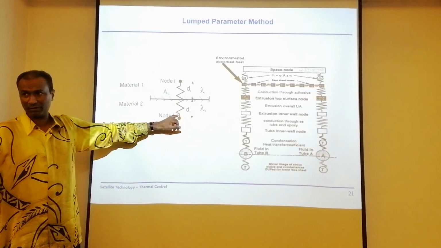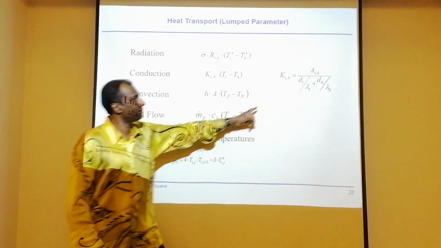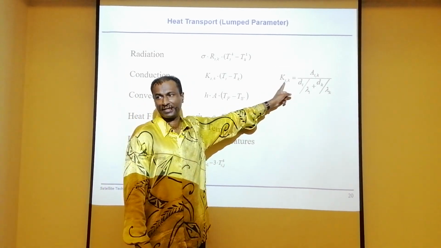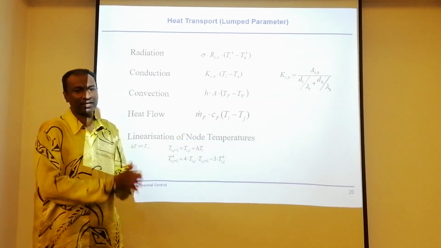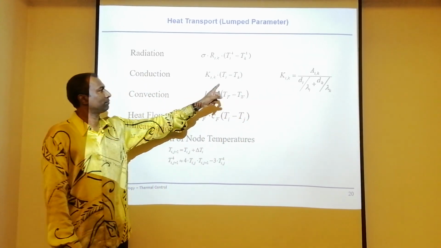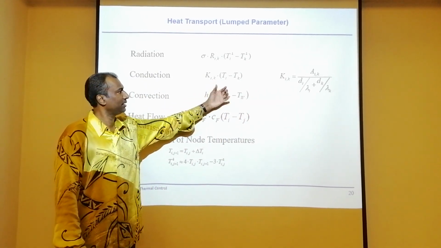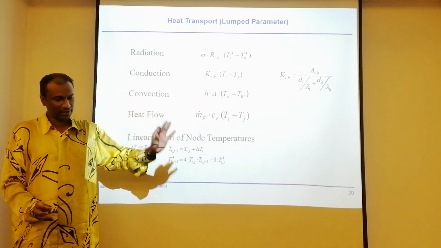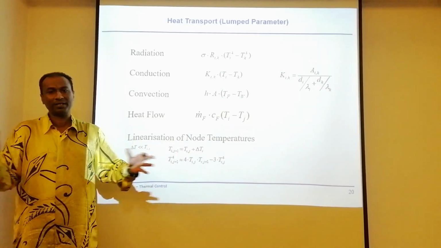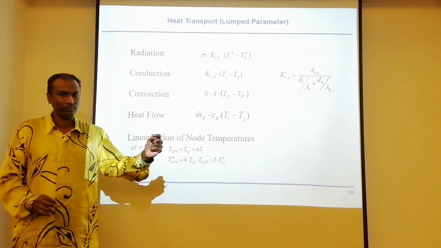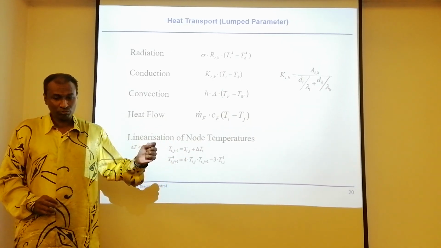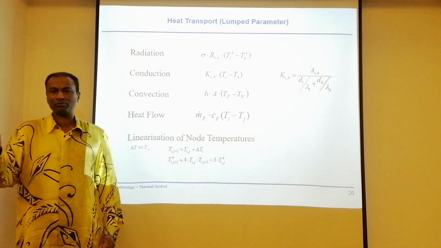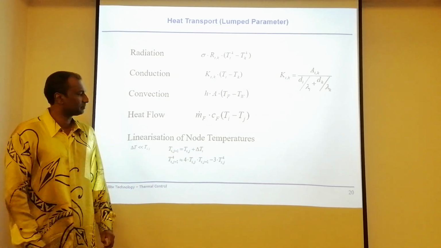Accordingly I should be able to estimate the conductance k. Once k is done, I lump the k, use the k, and based on that the temperature from point A to point B can be calculated. Normally one temperature should be measured or known, and the other temperature should be calculated. That's how it is.